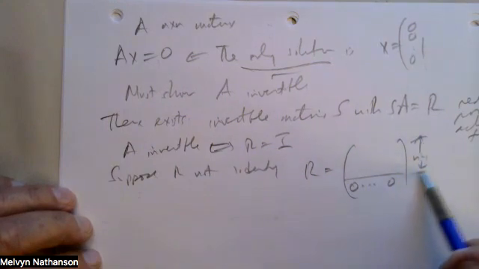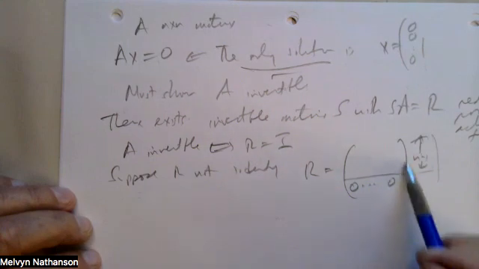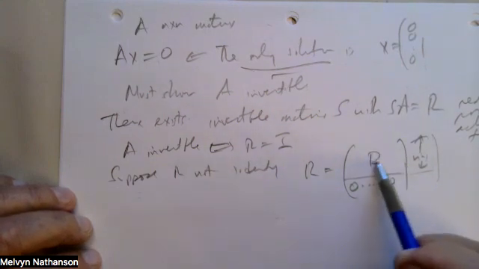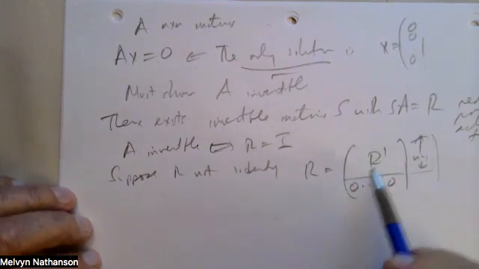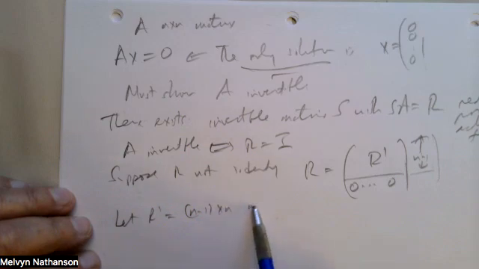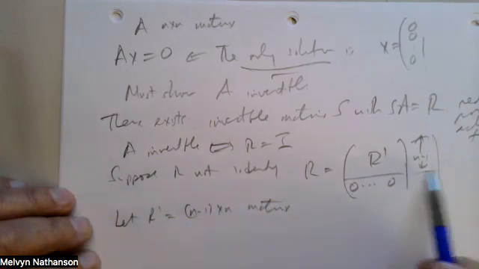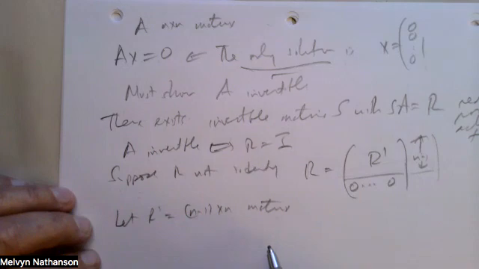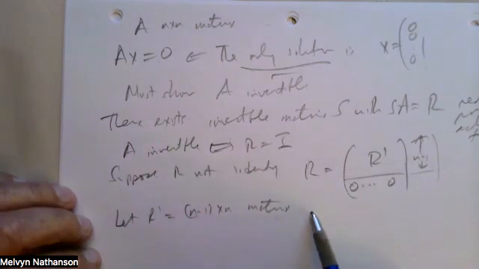So these are the first n minus 1 rows, and then I have this last row. Then let R prime be the n minus 1 by n matrix which is the first n minus 1 rows of R.